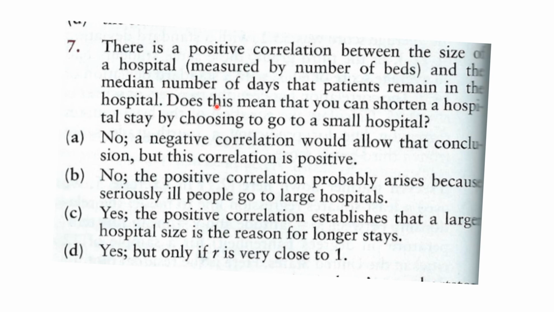So does this mean that you can shorten a hospital stay by choosing to go to a small hospital? The answer is no. The simple reason is that correlation does not imply causation, meaning we don't know if the size of a hospital actually has a causal effect on the number of days people stay at the hospital. There might just be a correlation but no causal connection.